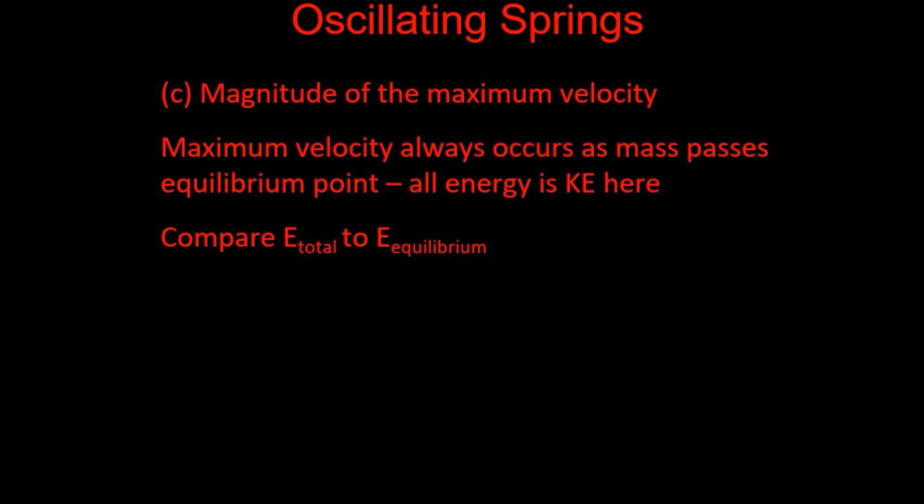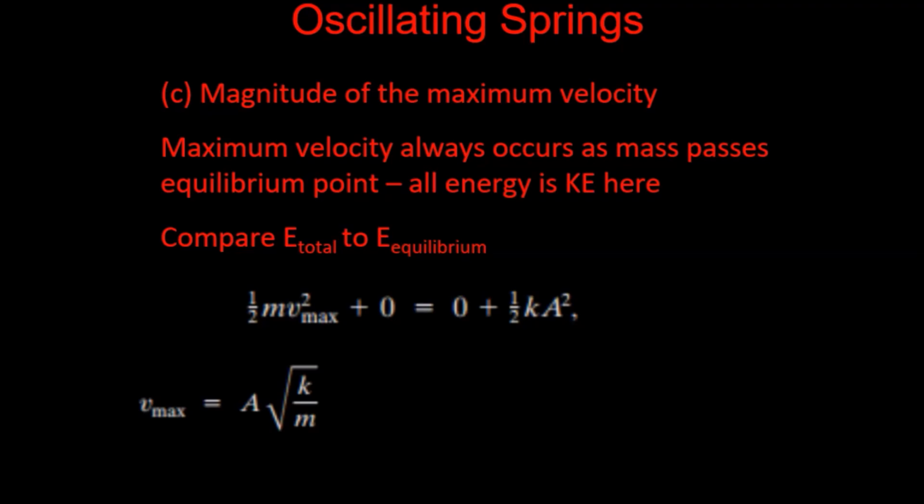All the potential energy has been given to kinetic energy. So we can look at the total energy and compare this to the energy at equilibrium. What we're really doing is comparing half mv squared for the mass to half kA squared, the potential energy stored in the spring. So half mv squared should equal half kA squared.